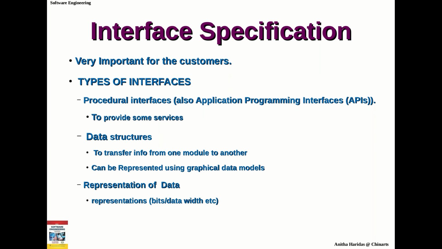So not only the functional and non-functional requirements, the developer needs to specify the interfaces also, because without these interfaces we can't transfer data from one module to another, or integrate the different modules that make up the system.